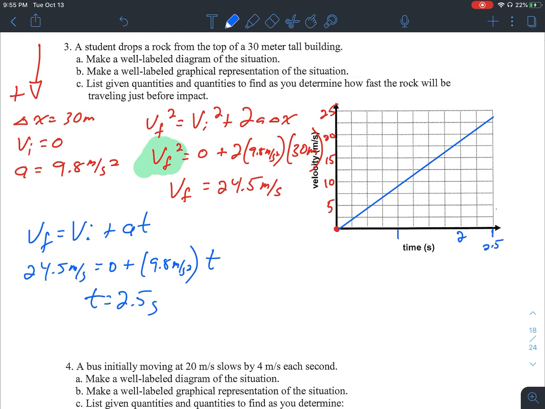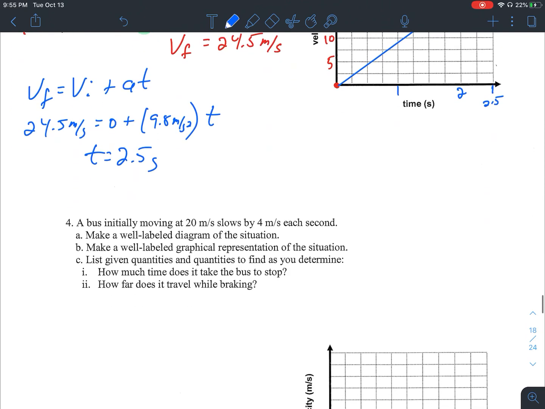Cool. So we have our graph. And we can move on to 4.